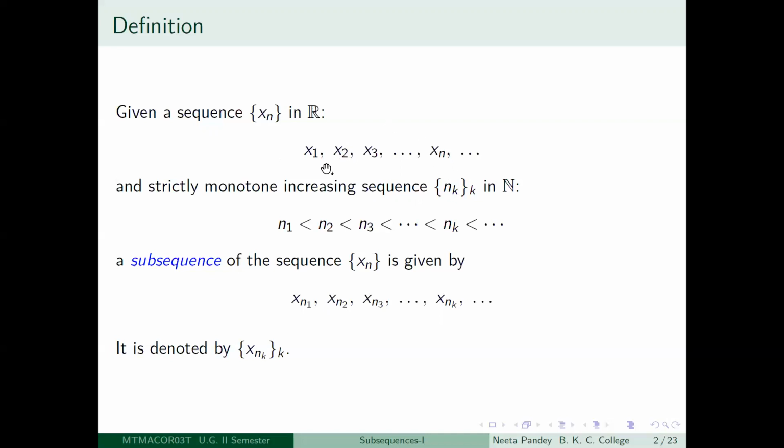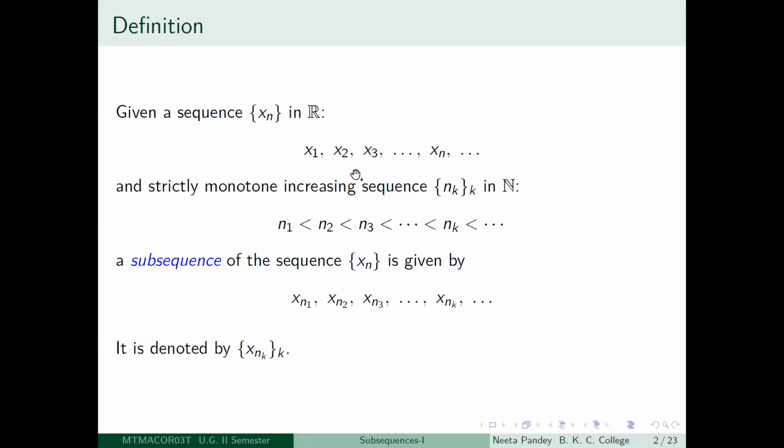If you change the terms of the sequence, if you rearrange them, you get a different sequence. So when you want to talk about a subsequence, you should be able to keep that arrangement static and define a sequence, right?